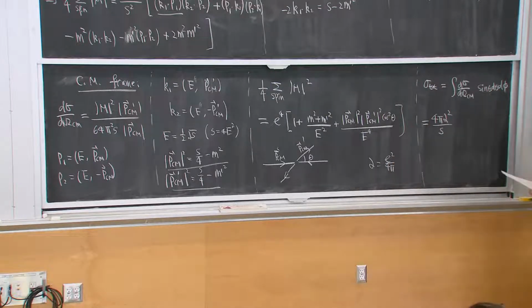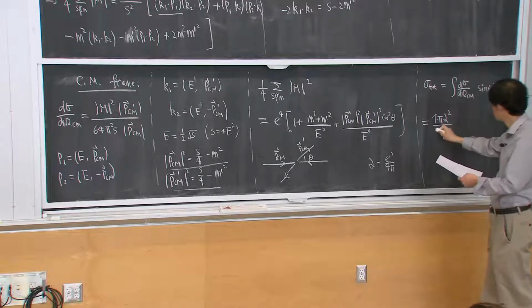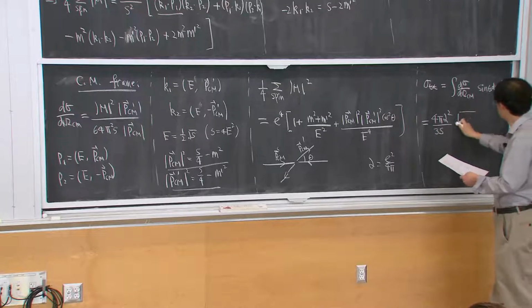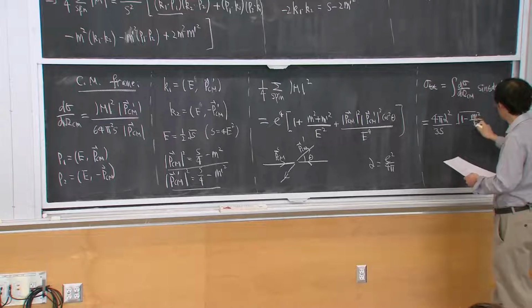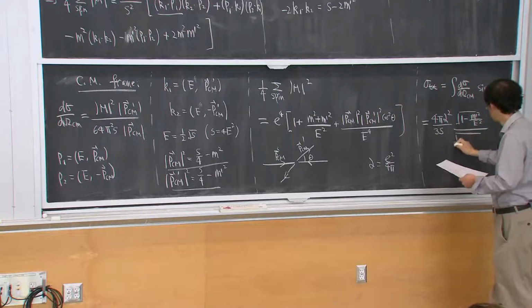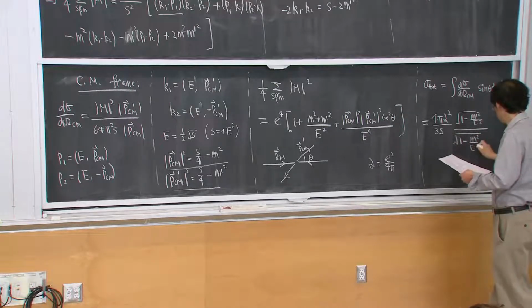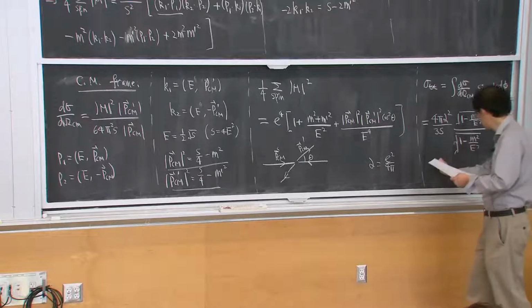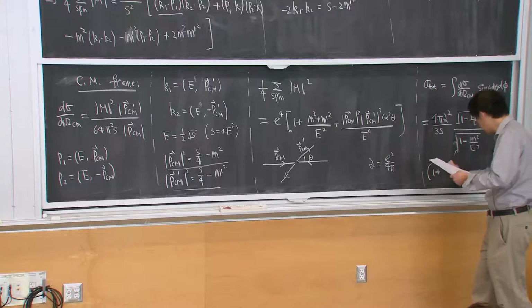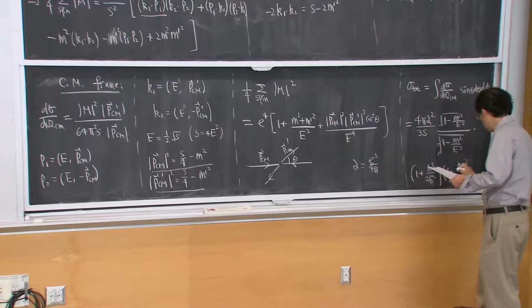And then 1 minus m prime squared divided by E squared, over 1 minus m squared divided by E squared, and the whole thing times 1 plus m squared divided by 2E squared, and 1 plus m prime squared divided by 2E squared.